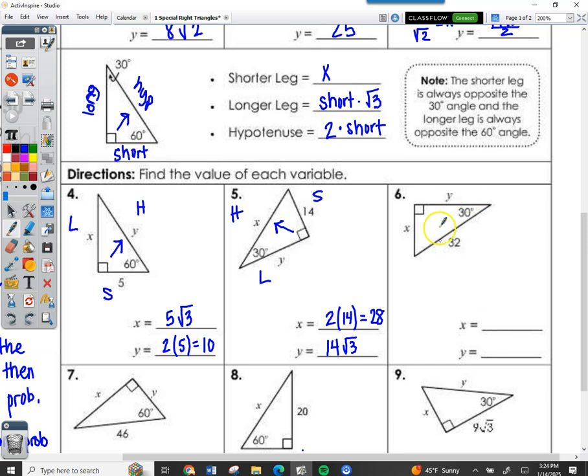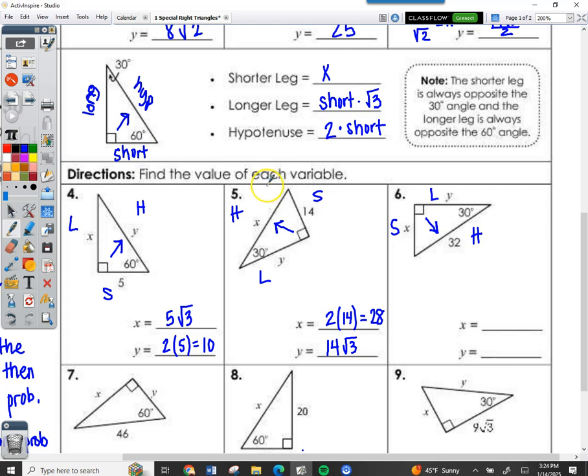Now, what if you know the hypotenuse? Go ahead and label your picture with SLH. This is 30, so coming across from the 30 would be the short side. Then we got the long side. If you know the hypotenuse, you can find the short very quickly. Because remember, the ratio here is a 1-to-2 ratio.